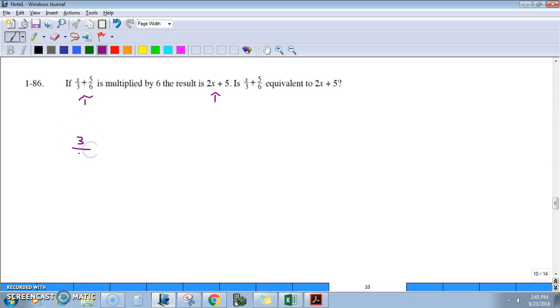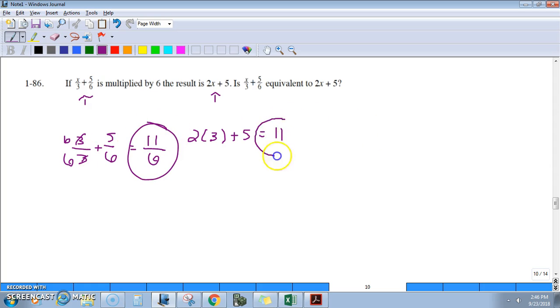If I have 3 over 3 plus 5 over 6, right? 3 over 3 is the same as 6 over 6, because that's just 1. So 6 plus 5 is 11 over 6. So is that the same as 2 times 3 plus 5? And 2 times 3 plus 5 would just be 11, and we have 11 over 6 here. So they are not equivalent to each other.